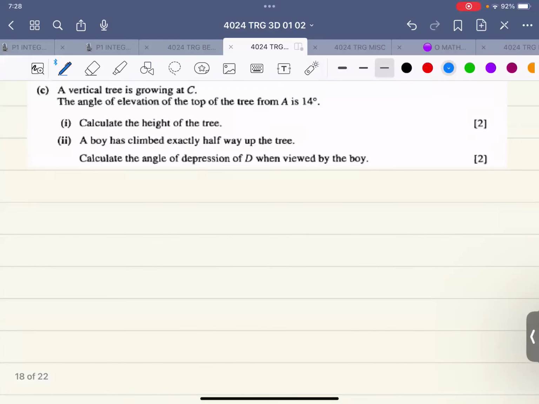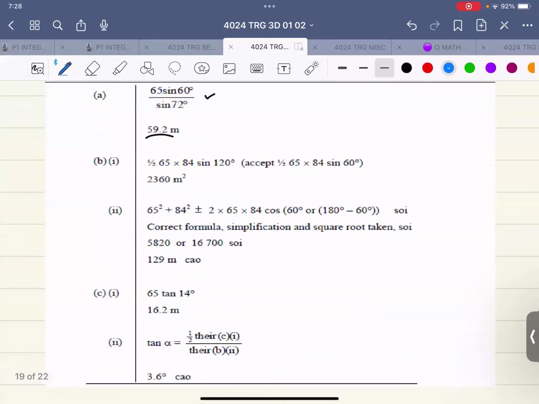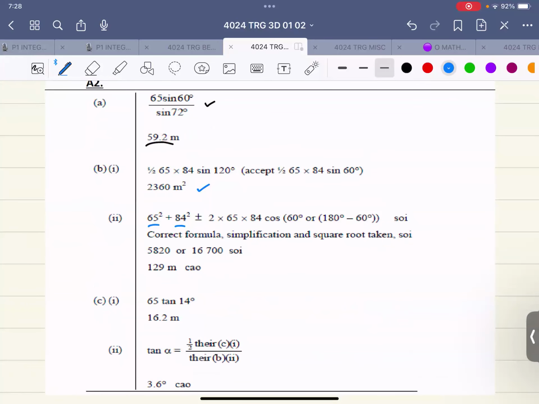Let me again show you the working. That's half AB sine C. 65 square, 84 square, they have written a plus minus. Correct formula, simplification and square root taken. Definitely it's a positive value. No, we won't use 60 degrees. We will use cosine of 120 degrees. I don't know why they give us an option. It's so straightforward. And therefore, you get this answer as this.